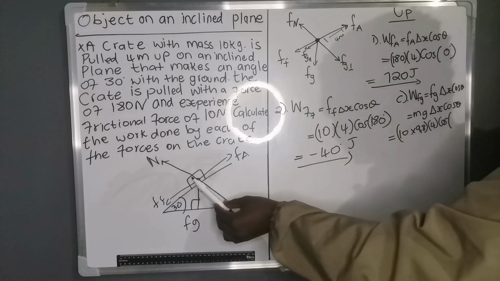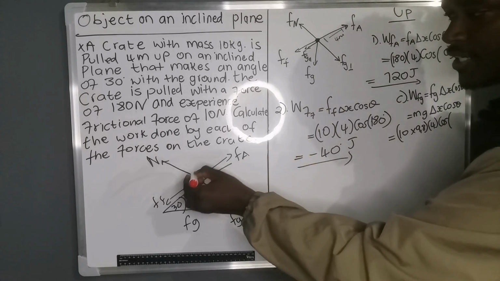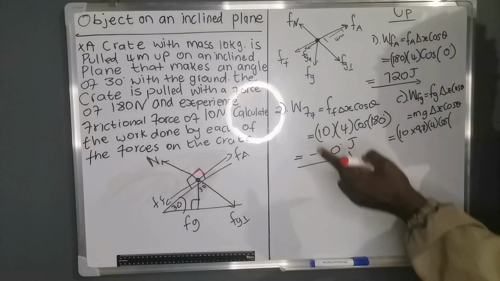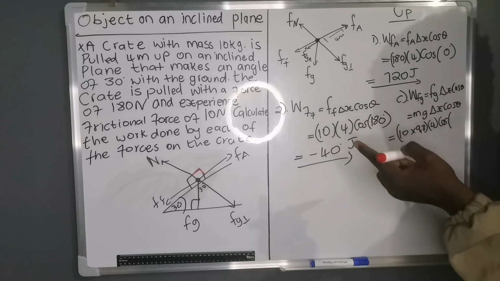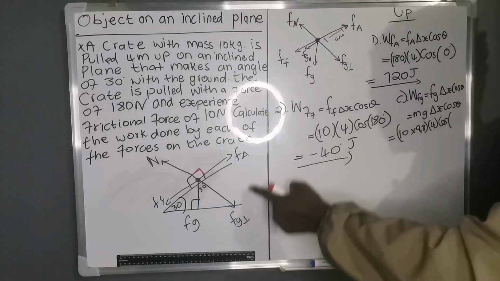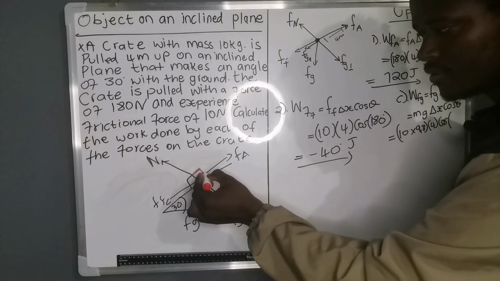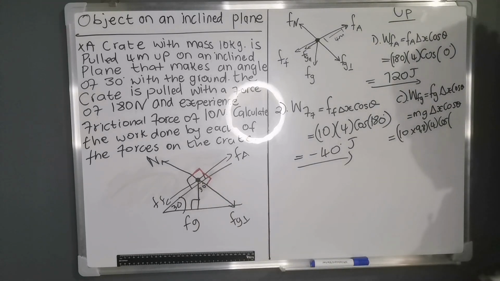Therefore, let me show you in a different color, the angle between normal force and force applied is 90 degrees. And also the angle between Fg perpendicular and F applied or displacement is also 90. The angle from this line to this line is 90 degrees. I hope you can see it, guys.